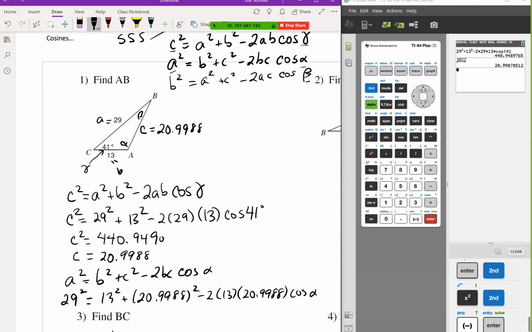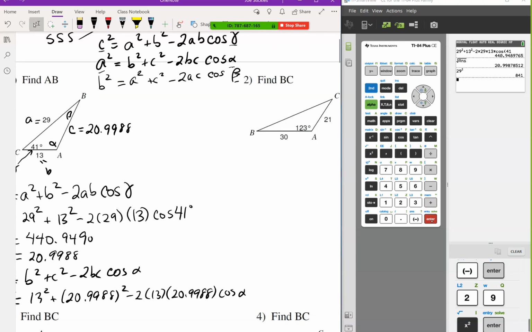So now going back to the calculator here, we have 29 squared. On the left-hand side, we get 841. And 13 squared is 169.